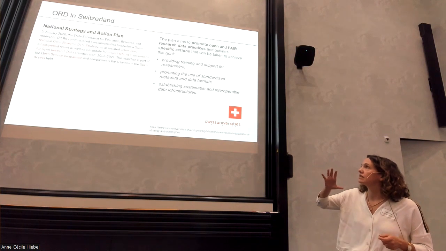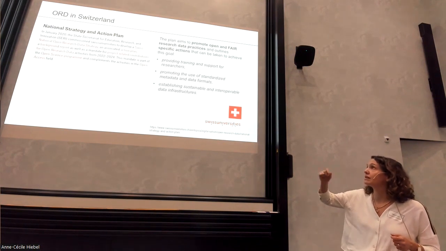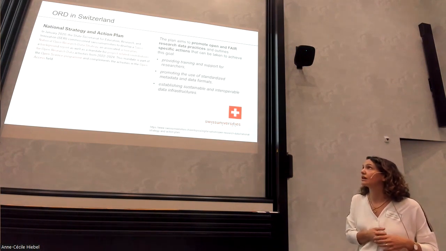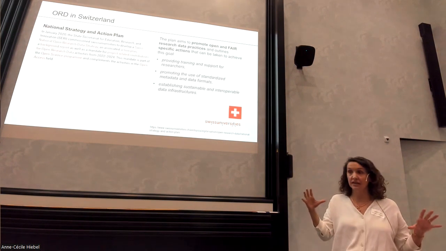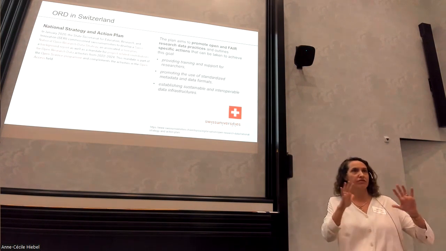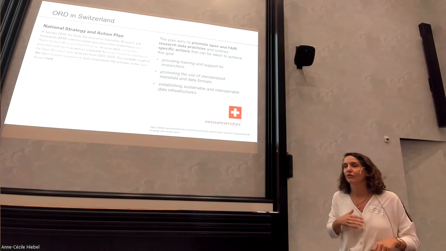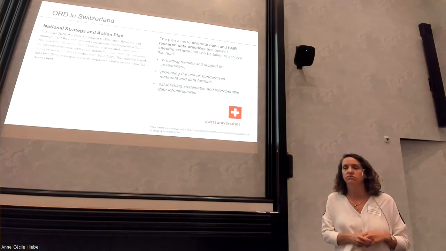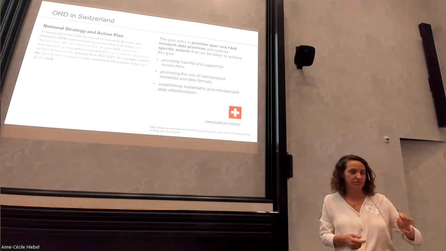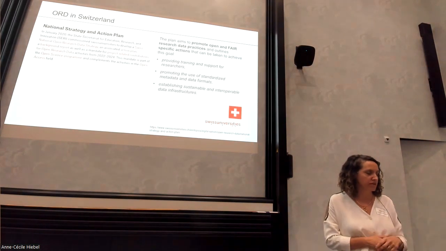So this national strategy and action plan contains also a very big funding scheme that maybe a lot of researchers already know or are part of. Sometimes it is the institutions that are taking advantage of this funding scheme.